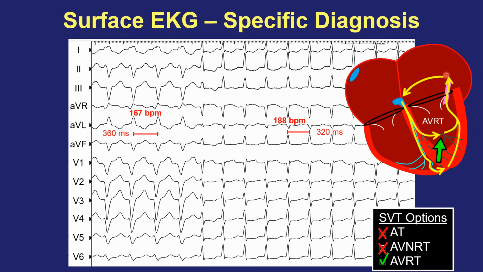So depending on how much faster you hit it and how much decrement the AV node displays, you could compensate for the shorter amount of time it took to get back to the A with a longer amount of time that it takes to get through the AV node because of that decrement.